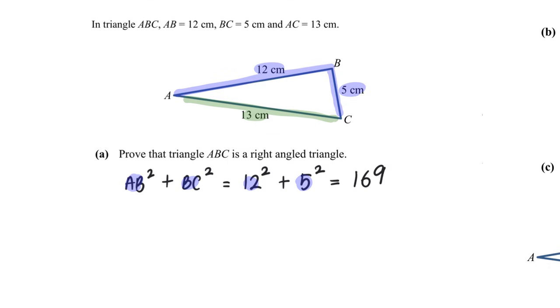And we also find the square of the longer side, AC square, and 13 square will also be equal to 169.